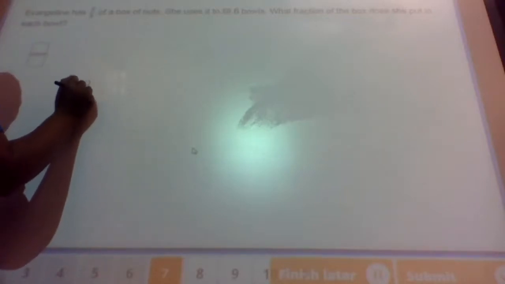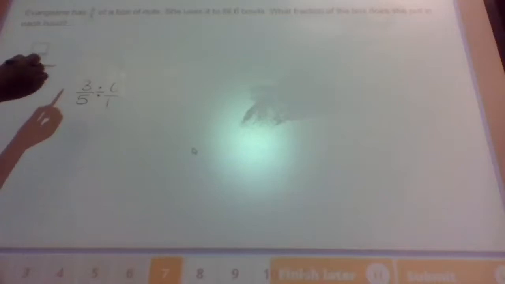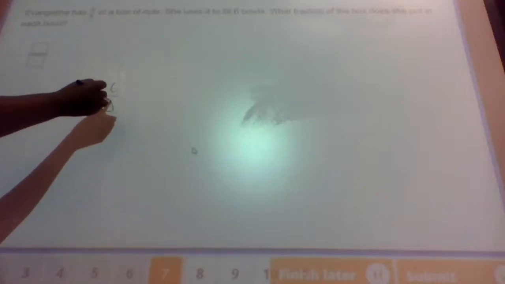Evangeline has 3/5 of a box of nuts. She uses it to fill 6 bowls. What fraction of the box does she put in each bowl? So what are we doing? We're taking these nuts and we're pouring them into a what? A bowl. So we take 3/5 and we divide it by 6 over 1. Right? So 3 times 1 is 3.